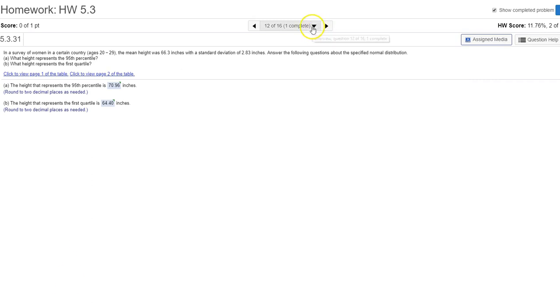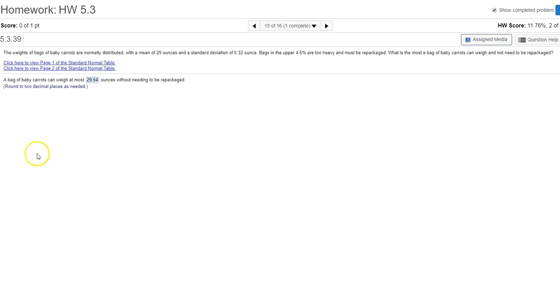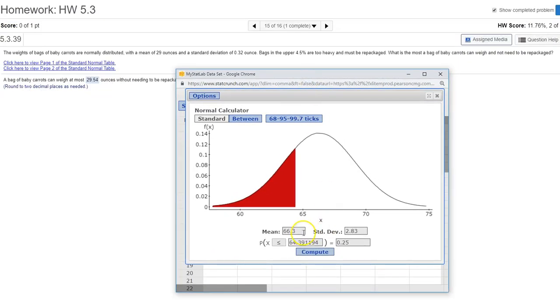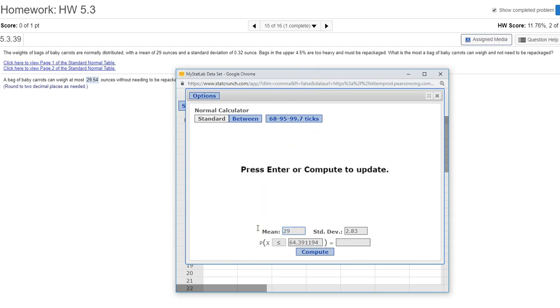Problem number 15. The weight of bags of baby carrots are normally distributed. As soon as they say normally distributed, I open my normal calculator. The mean is 29, changing my mean to 29. Standard deviation 0.32. The bags in the upper 4.5.